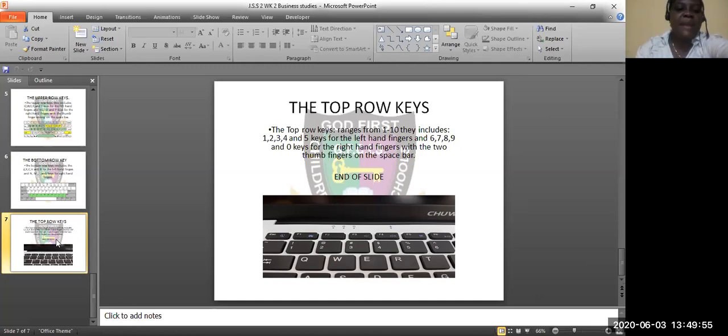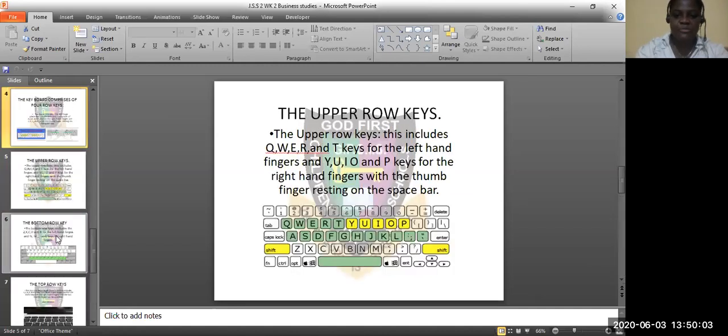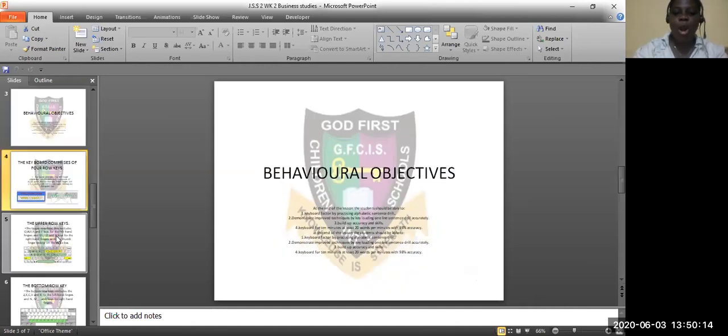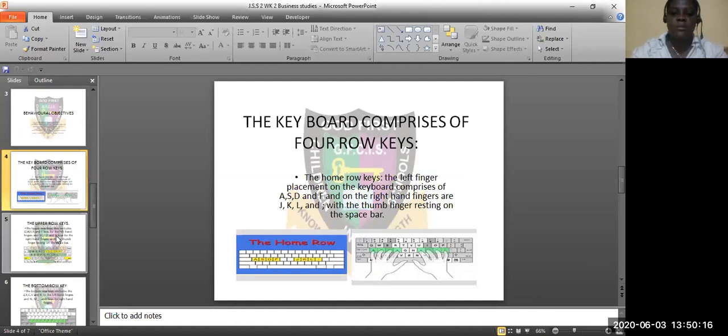So a quick reminder of what we are to do has to do with going back to what we have treated as learning how to increase our speed in typing. You learn the types of the 4 row keys. The first one is home row keys.